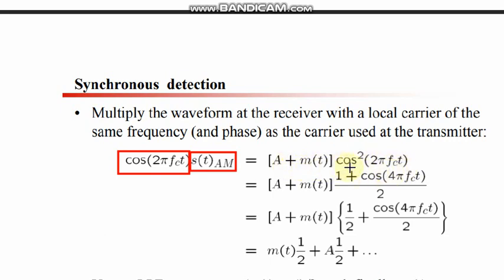And we know that cos²θ is equal to (1 + cos 2θ)/2. So cos² 2πfct becomes (cos 4πfct + 1)/2.